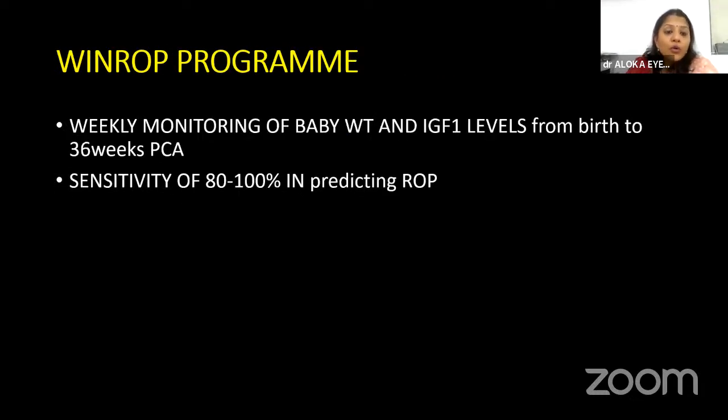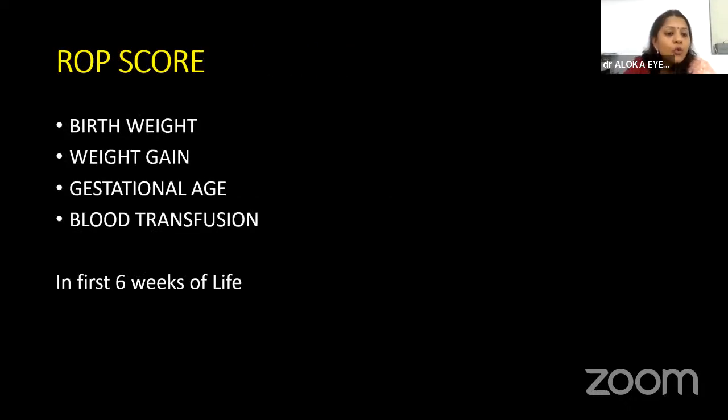Then there is the WINROP program, which did weekly monitoring of baby weight and IGF-1 levels from birth to 36 weeks, and it had such good sensitivity, 80 to 100%, in predicting ROP. So IGF-1 levels can also be thought about for monitoring. Then there is the ROP score. This score was made from birth weight, weight gain, gestational age, and blood transfusion, and there is a scoring system.